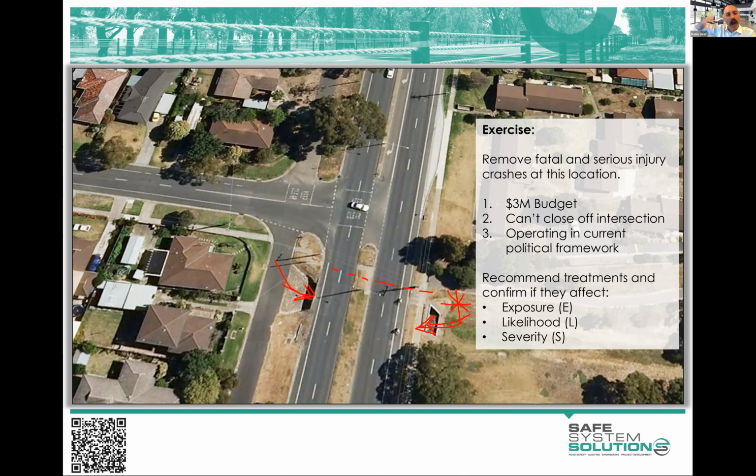So it's less likely because they've got a chance that they leave the road, they recover, they come back. Now, we don't classify that as a crash. So we've reduced the likelihood of the crash, but not the exposure.